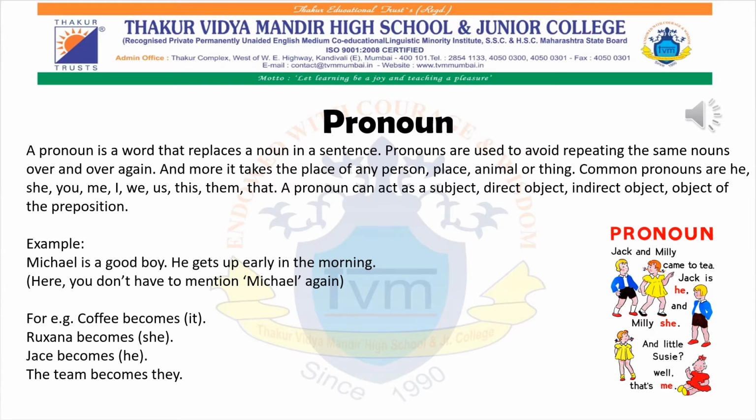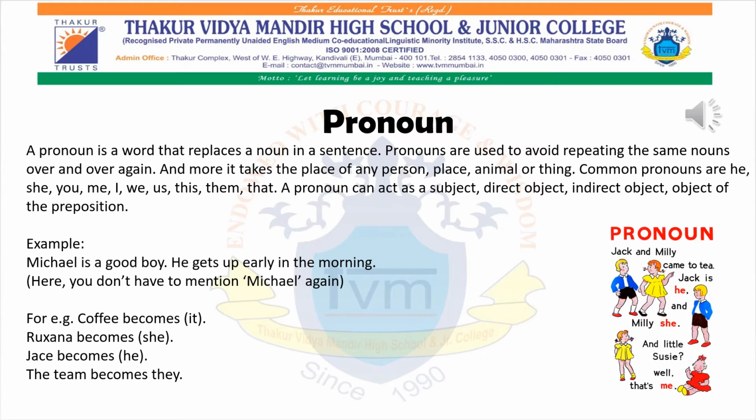For example, Michael is a good boy. He gets up early in the morning. Instead of writing Michael is a good boy, Michael gets up early in the morning, we have used a pronoun. So here you don't have to mention Michael again.